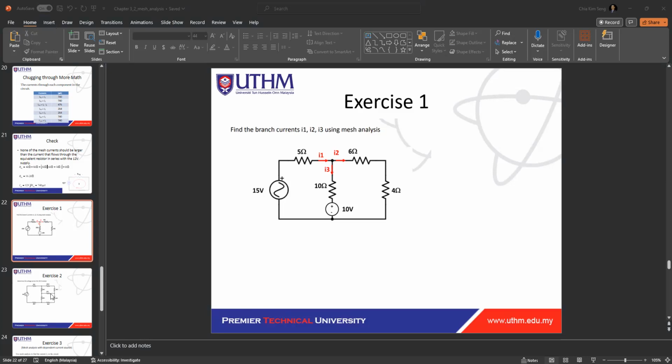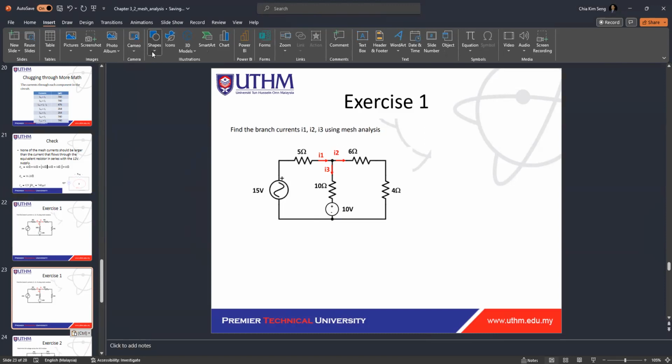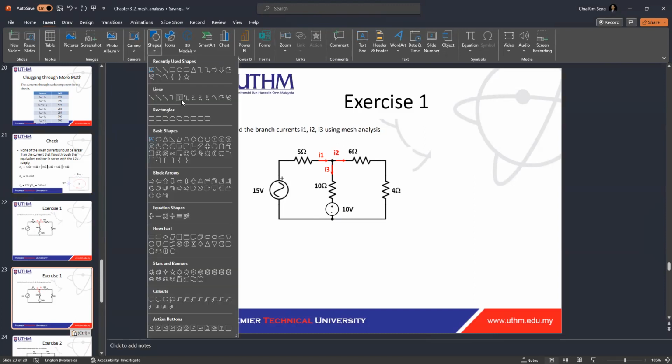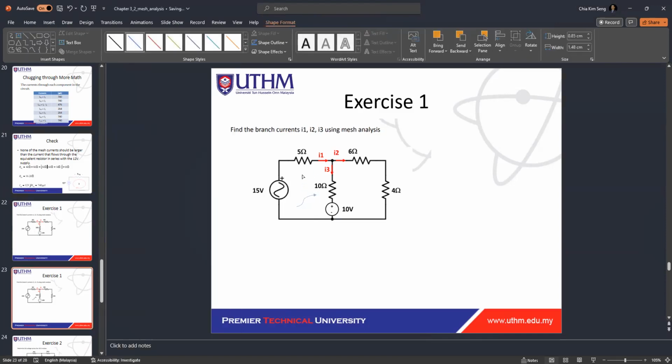So basically, to solve this question, we need to draw the current flow in our mesh analysis. So in the question, please read carefully what they want you to do. Let me draw this.